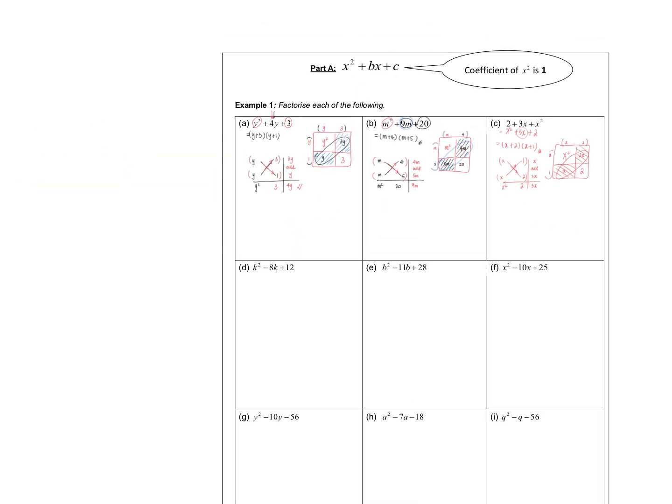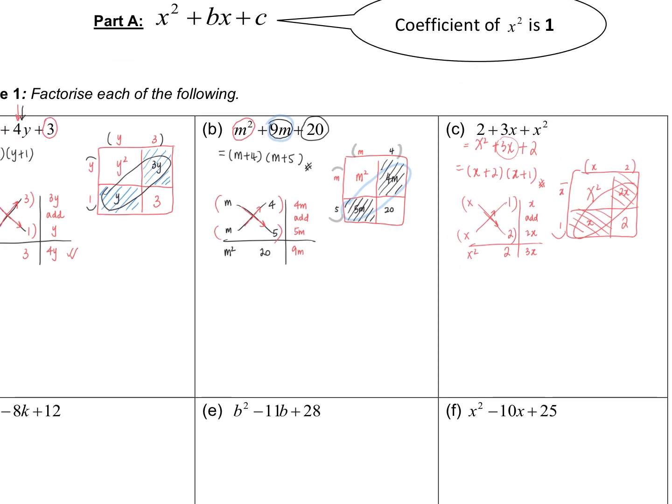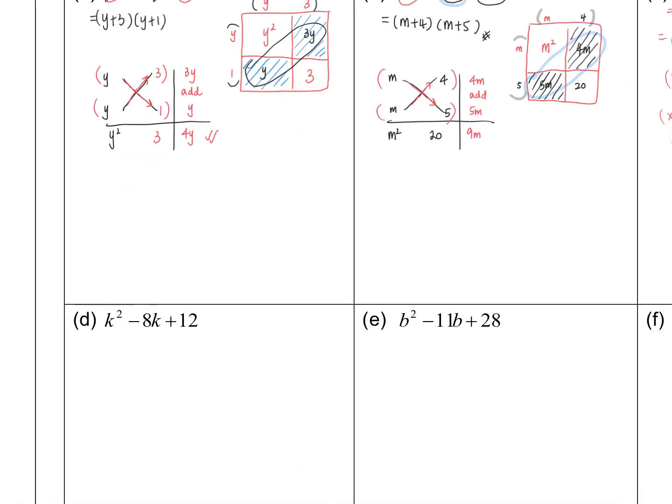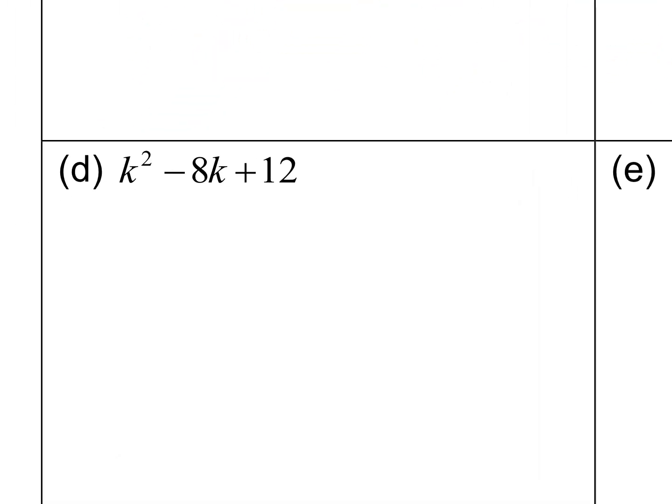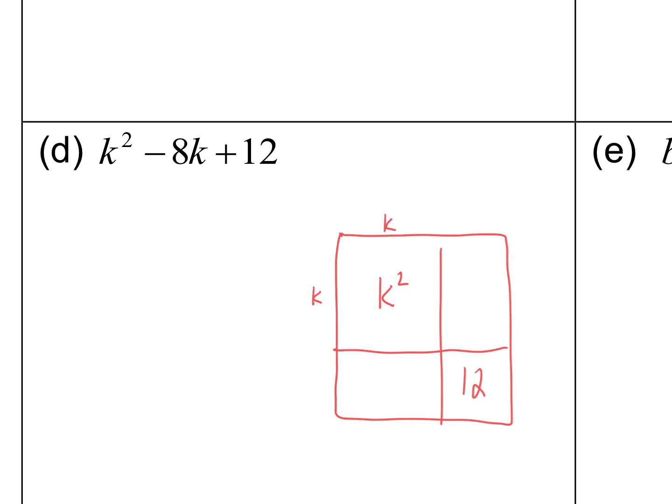Okay. Now is the exciting part. What if I got negative numbers? Everything is the same. This one is k square. This one is 12. So this is k by k. Then I need to think of my factors of 12.